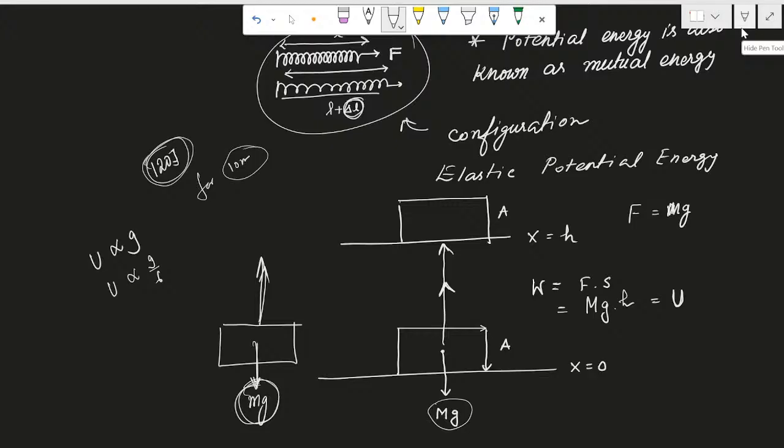Who else has joined? Just reply to me in the chat box, except Oishi, Bani, Kankonika, Shurjani and Rupam. Except these people, just reply in the chat box. Shutopa is there, okay.